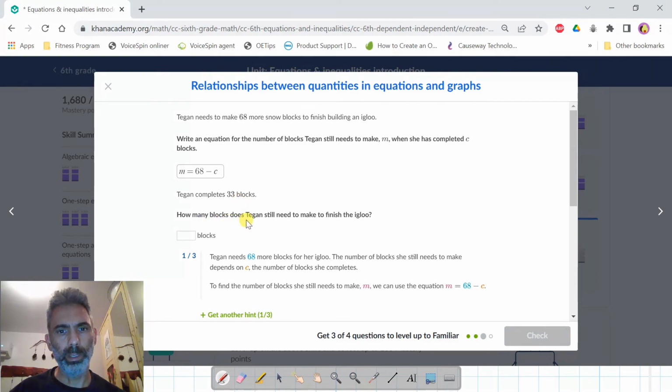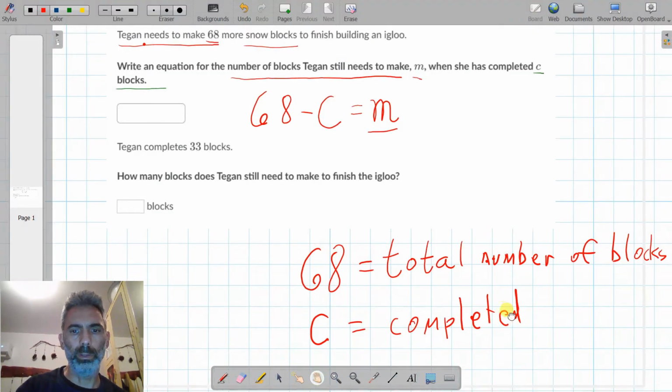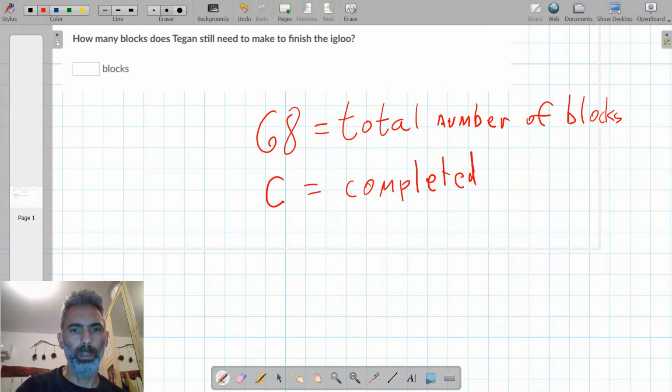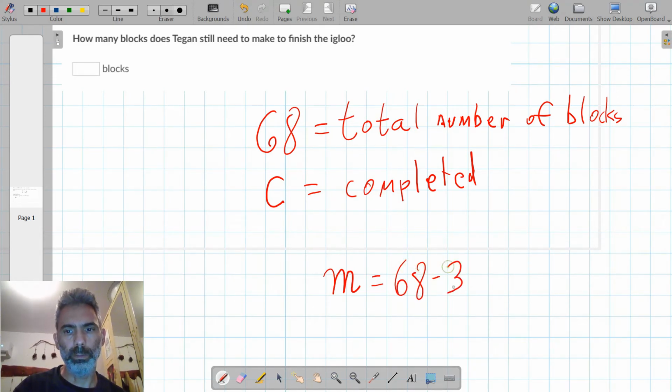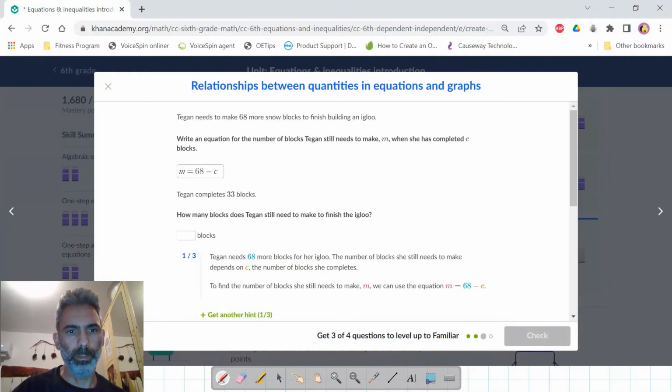How many blocks does Tegan still need to make to finish the igloo? Okay, so if she has already completed 33, it means that M, the number of blocks she still needs to make, is 68 minus 33. Okay, 68 minus 33 is 35, so M equals 35.